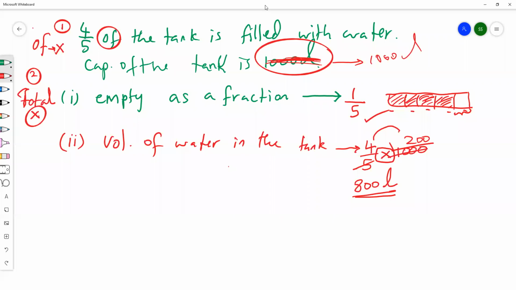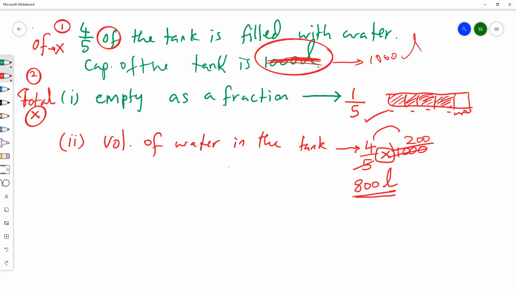If you know the total, you can use multiplication. If total is missing, you can't use the multiplication symbol.